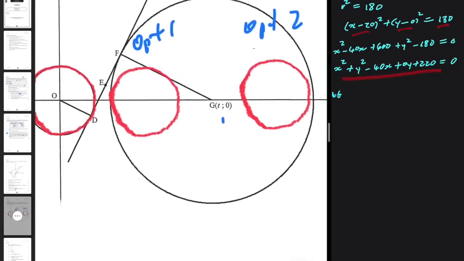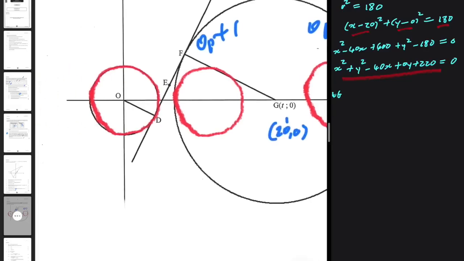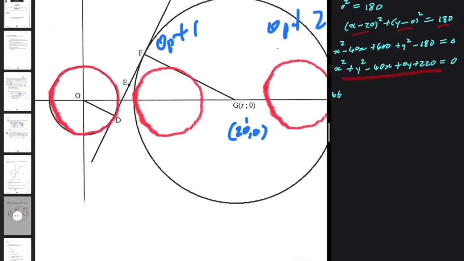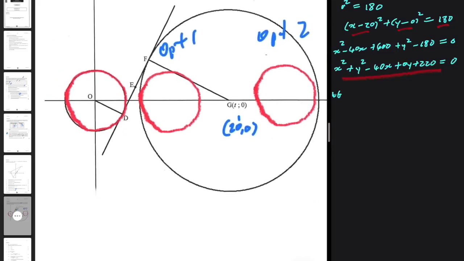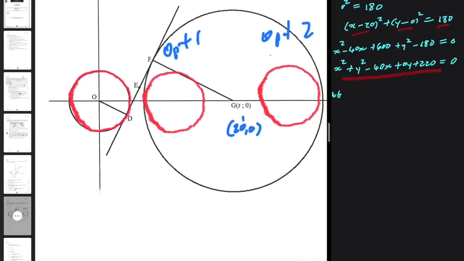Right, so the center of the larger circle is (20, 0), and the center of the smaller circle is (0, 0). We have the radius of the smaller circle: its equation is x squared plus y squared equals 20, so the radius is square root of 20.